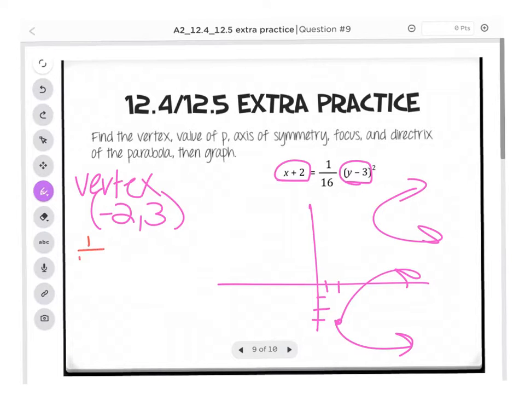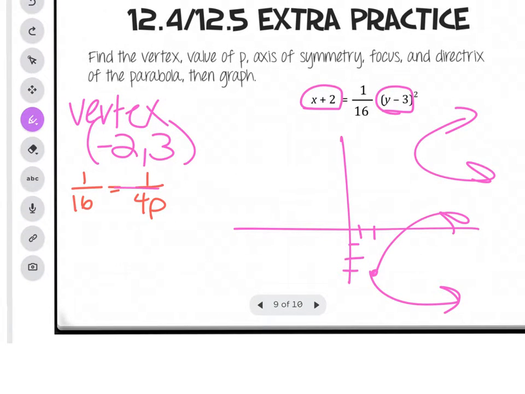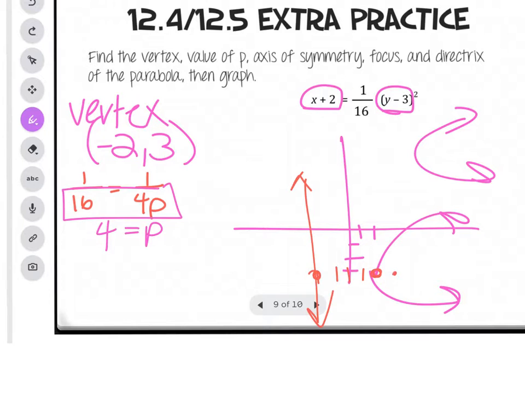So if 1 over 16 equals 1 over 4p, then I just focus on 16 equaling 4p, and p would equal what? 4. Which means from this point, I'm going to go 1, 2, 3, 4 to the left, and that's my directrix. 1, 2, 3, 4 to the right, and that's my focus.